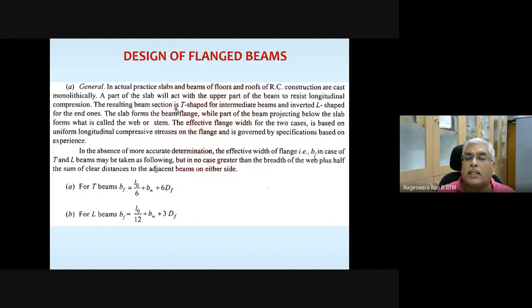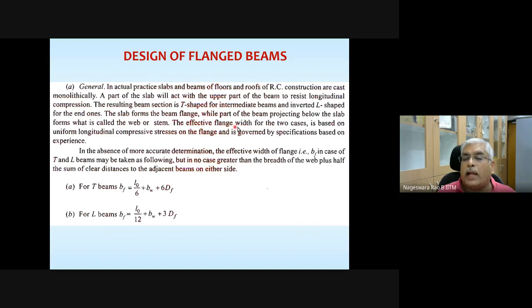The resulting beam section is T-shaped for intermediate beams and inverted L-shaped for the end ones. If the beam is the end beam, then you can consider it as an inverted L shape. Whether you consider it as a T beam or an inverted L beam, the slab is going to form the beam flange, while the part of the beam projecting below the slab forms what is called the web or stem.